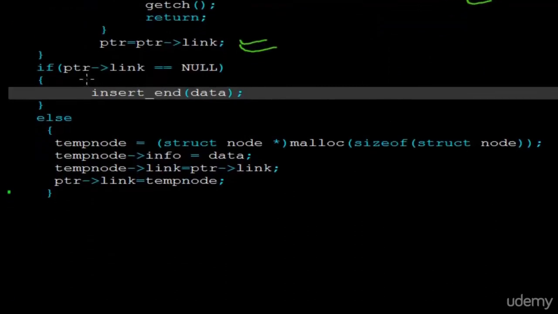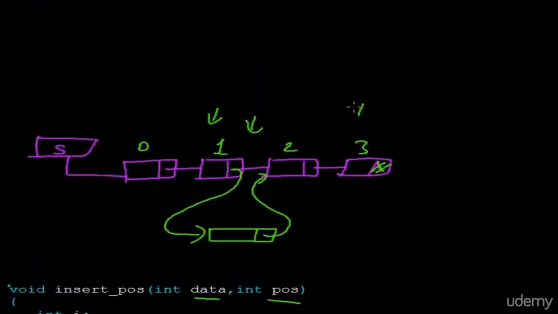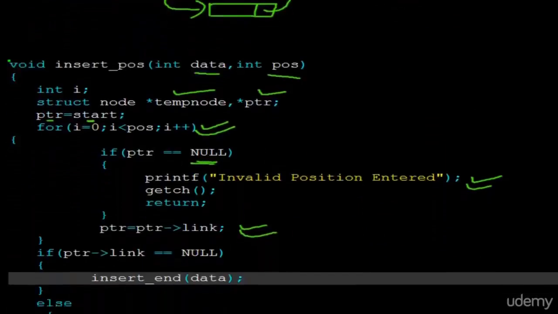Now if ptr's link part is null, meaning the position entered is this 3 and its link part is null, then we are simply calling which function? Insert at the end. Our work will be done.